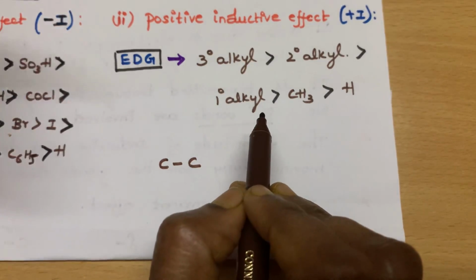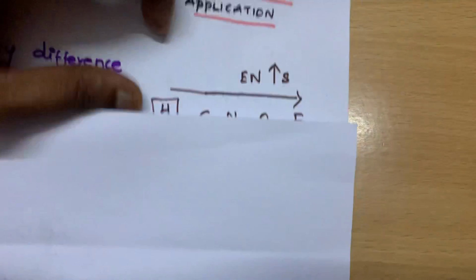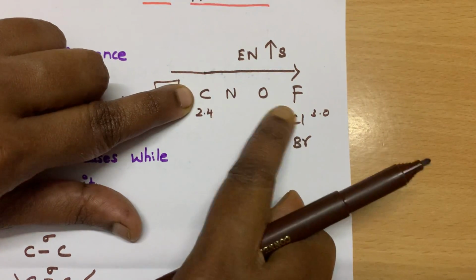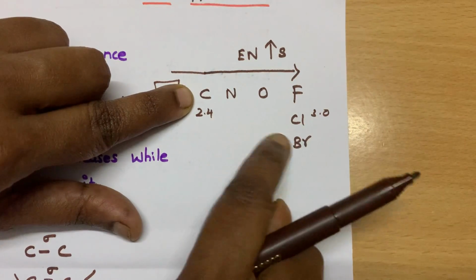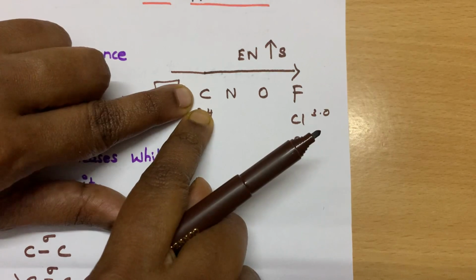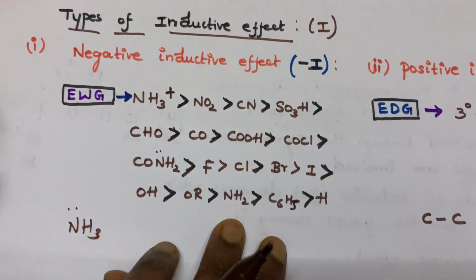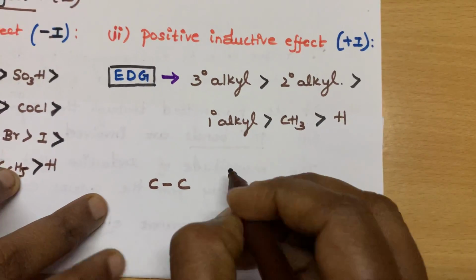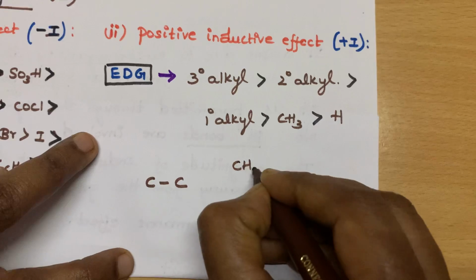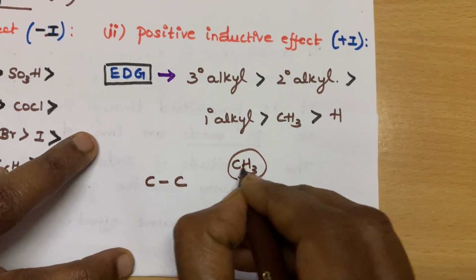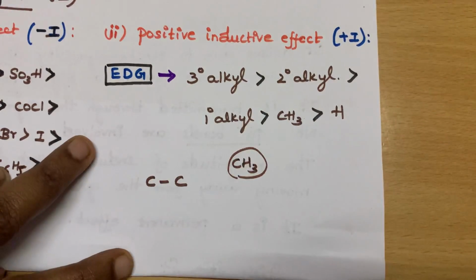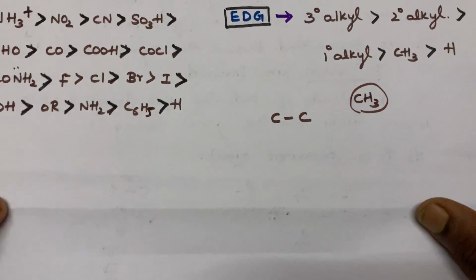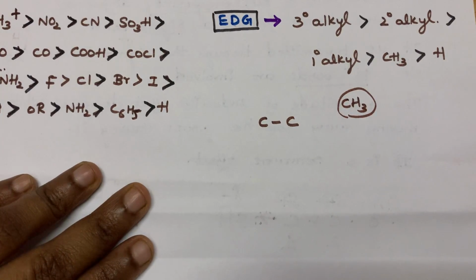You know that apart from carbon, all other atoms are more electronegative than carbon. So whichever atom it starts with, these are highly electronegative, and only your alkyl groups are made of pure hydrocarbons, pure carbon and hydrogen, so they are donating. At last, in between, I will tell you a hint to remember.